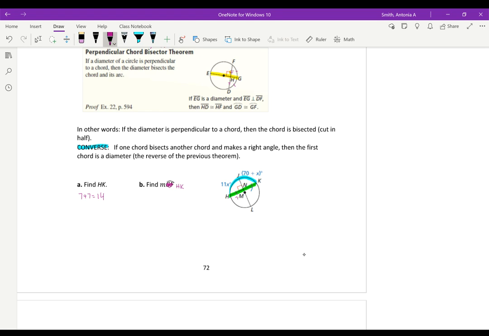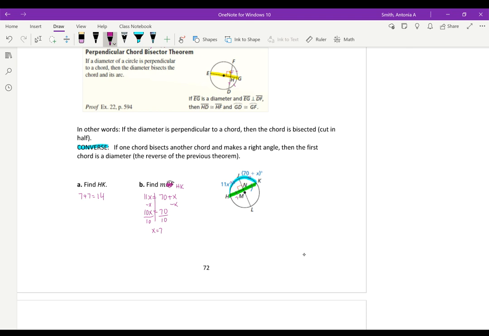Remember, if the diameter forms a 90-degree angle with this chord, then this is cut into two equal pieces, which means that 11x must equal 70 plus x. So now I have an equation, I can find what x is. I'm going to subtract x from both sides here. We end up with 10x equals 70, divide by 10, and x is 7.